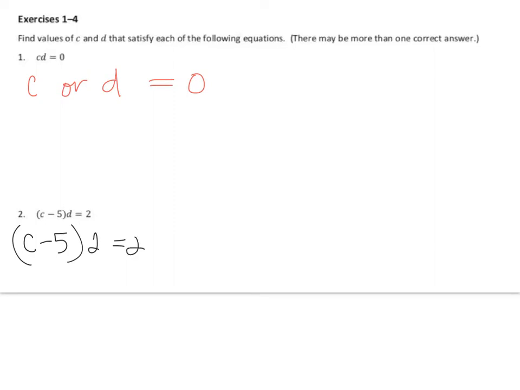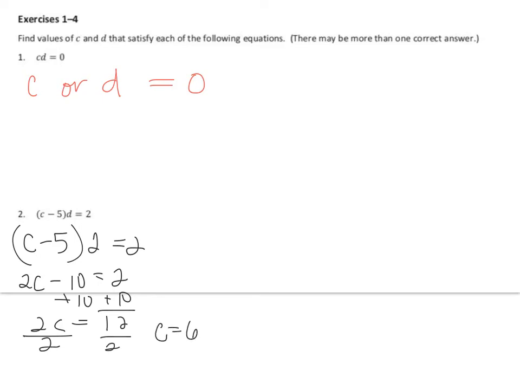I can solve this. I'm going to distribute that 2 first. Add 10 to both sides is 12. 2C equals 12, so C equals 6. And D equals 2.